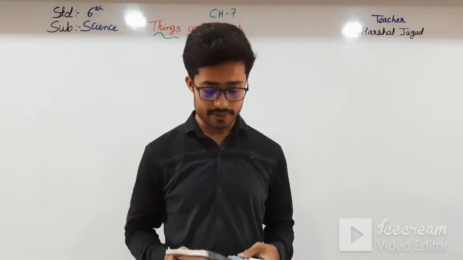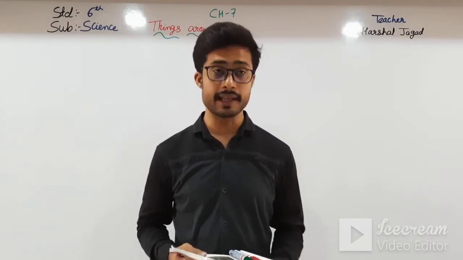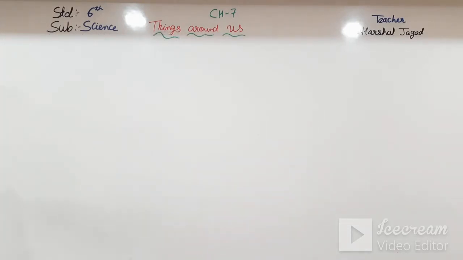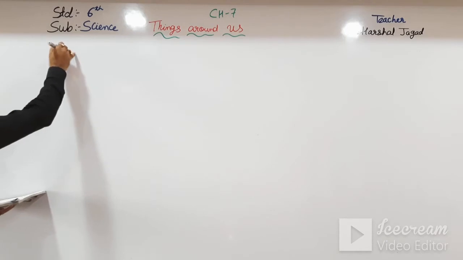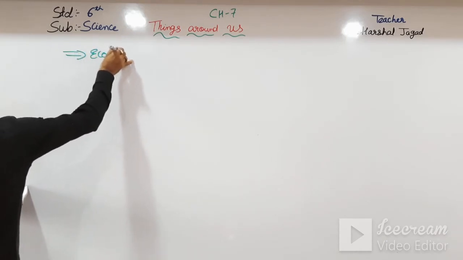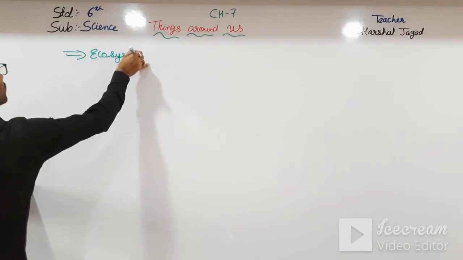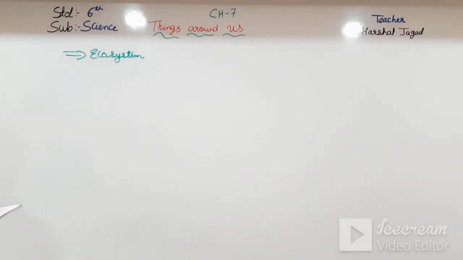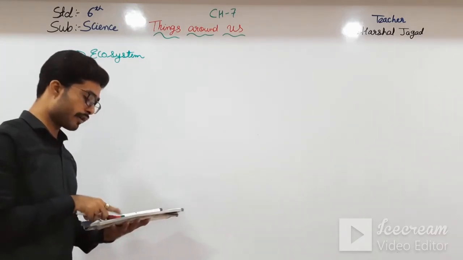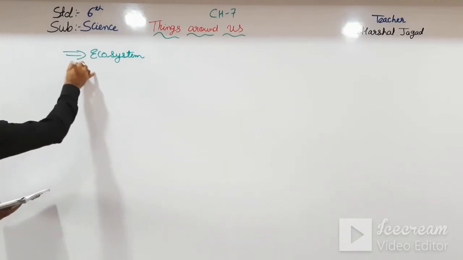Then comes the ecosystem. Now we will talk about the ecosystem. Let us write some of the points over here. Ecosystem. So what is an ecosystem? Before that, see here, a definition of environment is given.